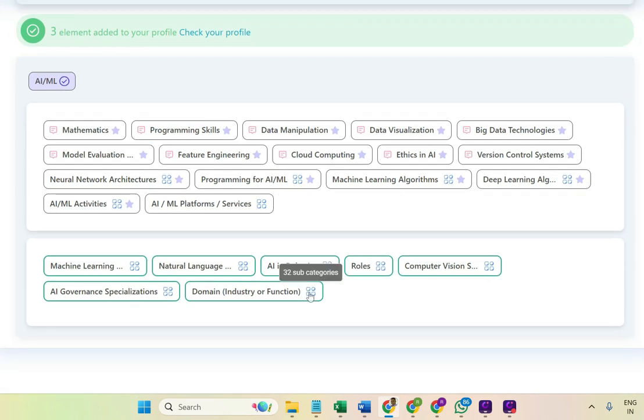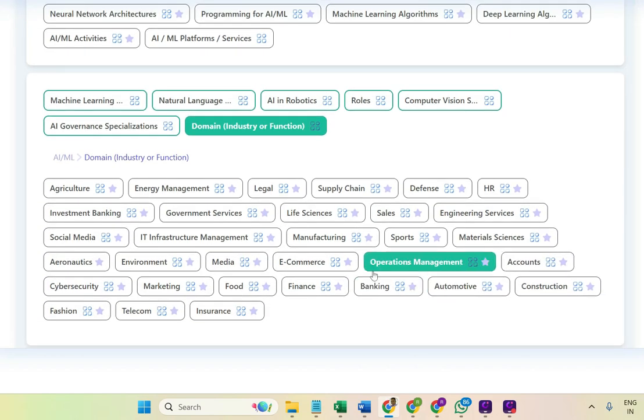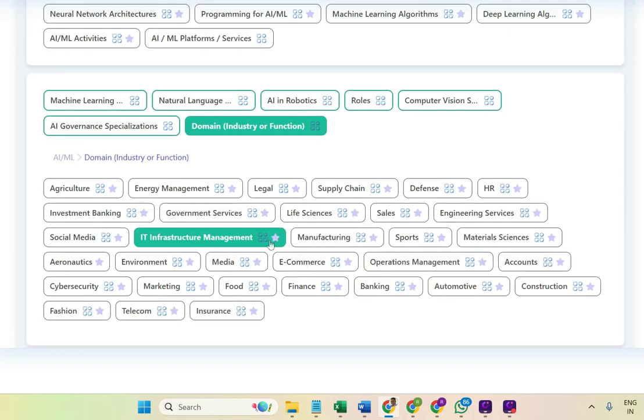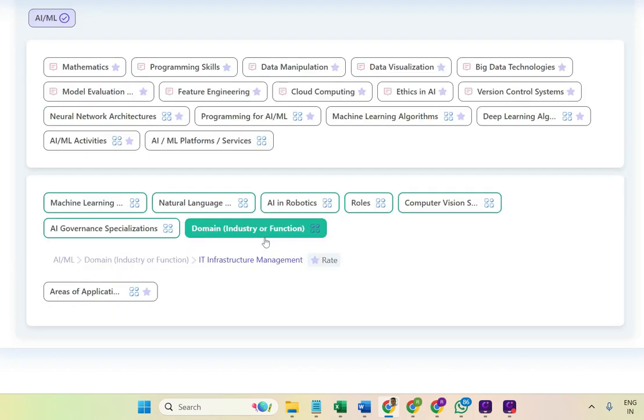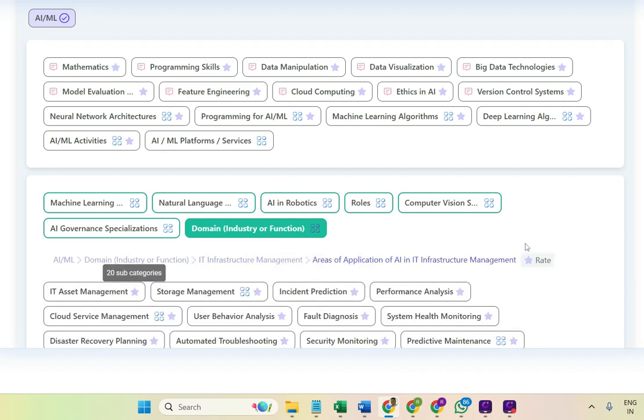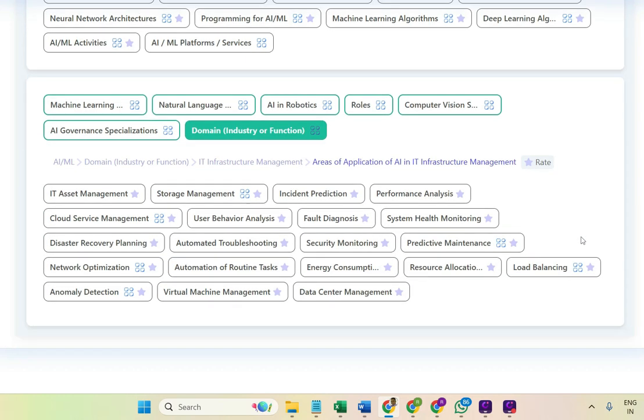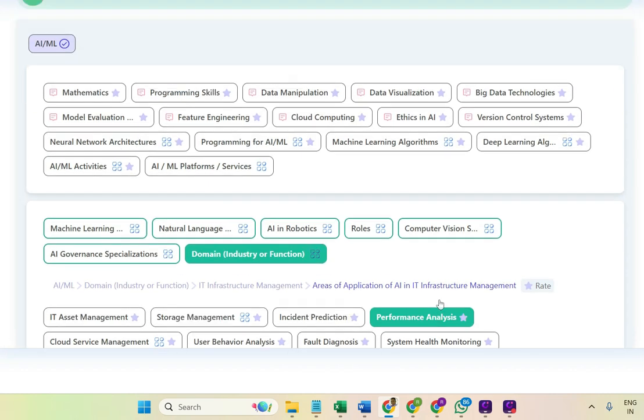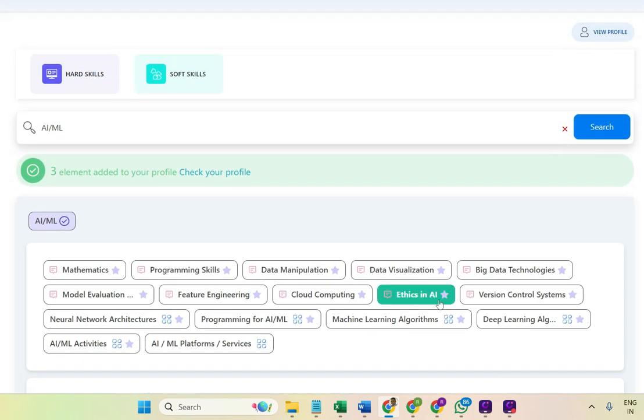And then again, here we have the domain, and here we get into some details, saying that within AI infrastructure management, what are the different things they would have done, or applications they would have applied their AI knowledge in. Like this, it covers. So we are trying to capture the skills profile in its entirety and not just the skills.